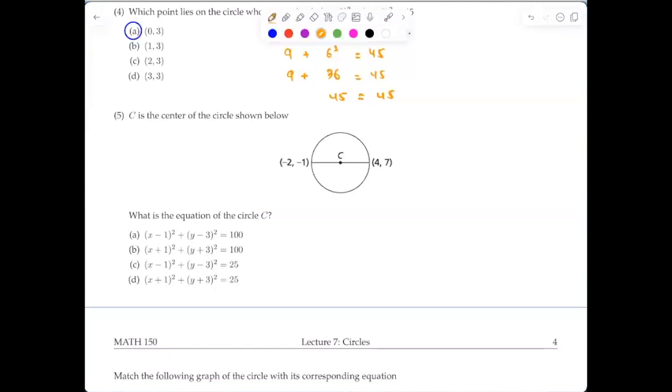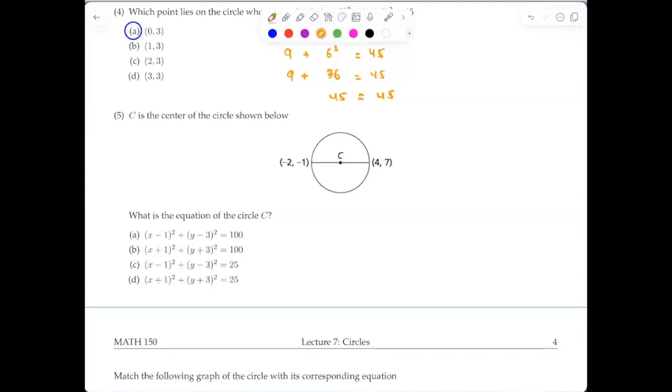What she said. Right. So you are given 2 points here. And from these 2 points, you can calculate the diameter. Right. And then from the diameter, you divide it by 2, you get the radius. Okay. Now for the center, you need to find the midpoint of the line connecting these two points.